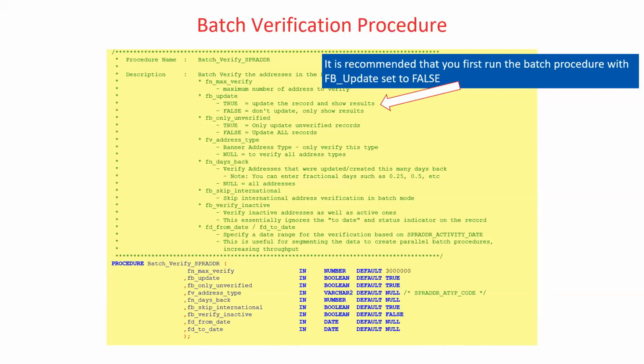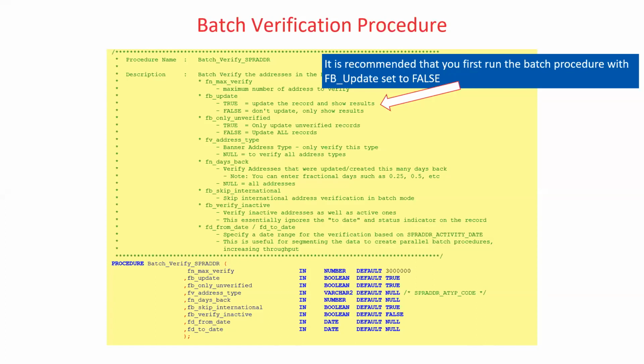If there is a report that gets generated at the tail end of the batch job running, it will tell you the number of addresses that failed, that were updated, that were changed, what kinds of addresses were uploaded and updated. And if you run the update with FB update set to false, it will give you what would have been changed without changing those addresses.